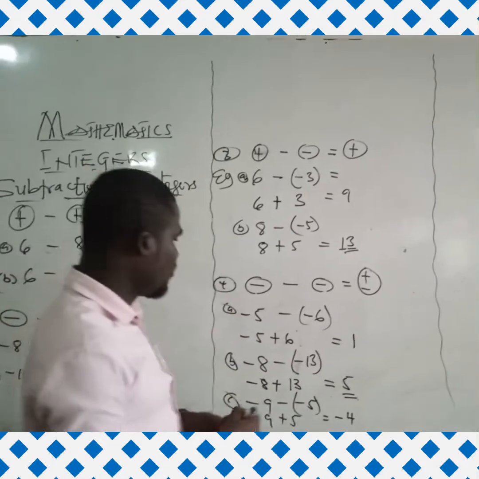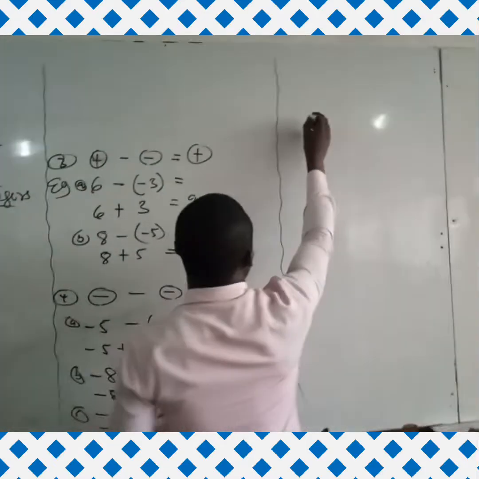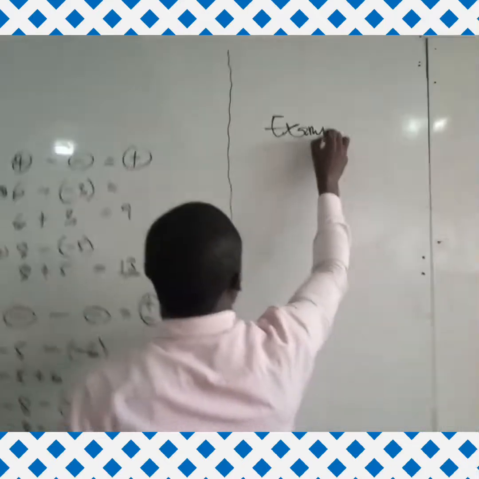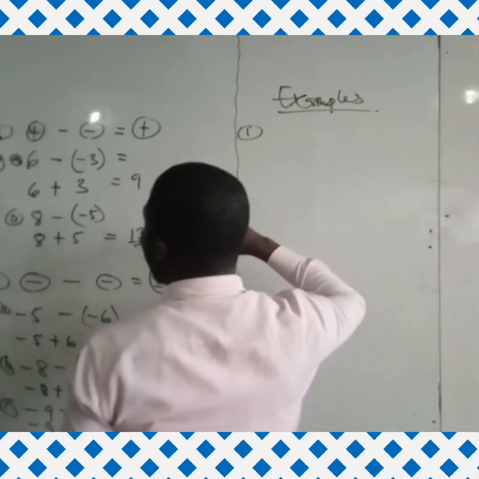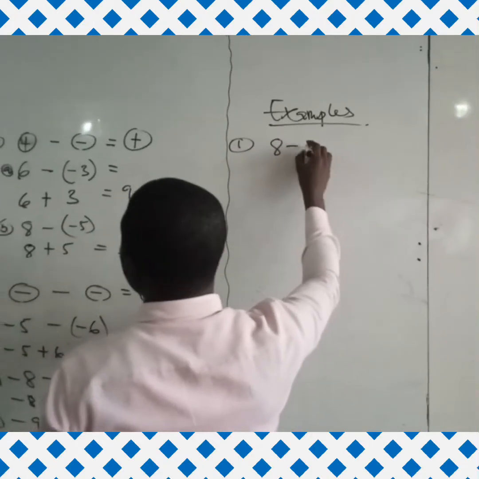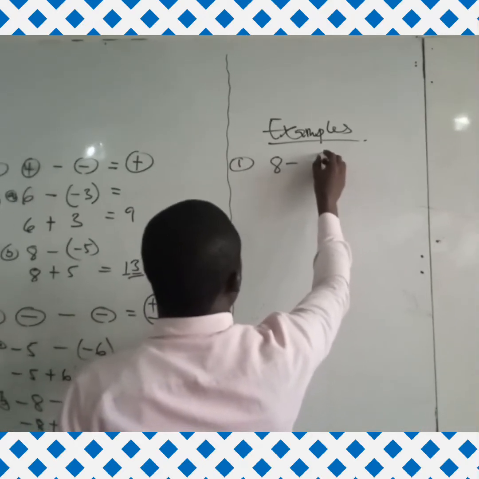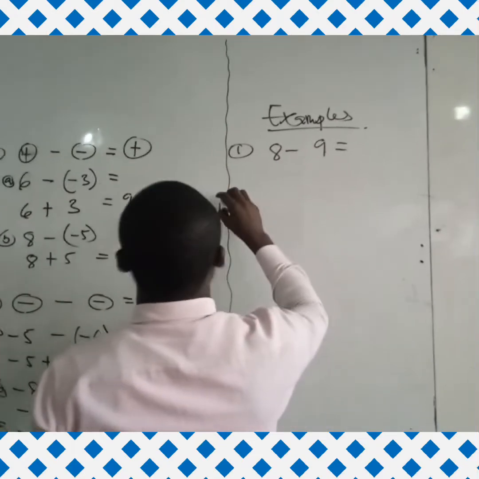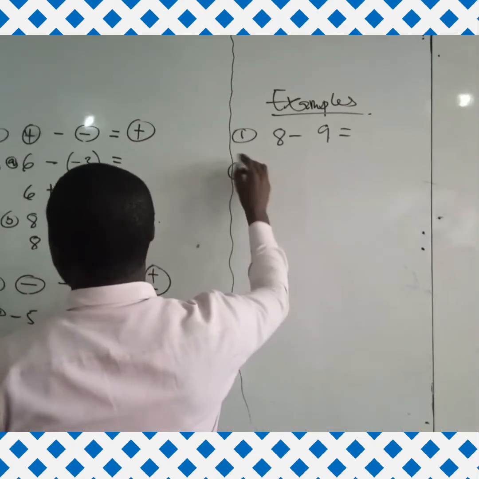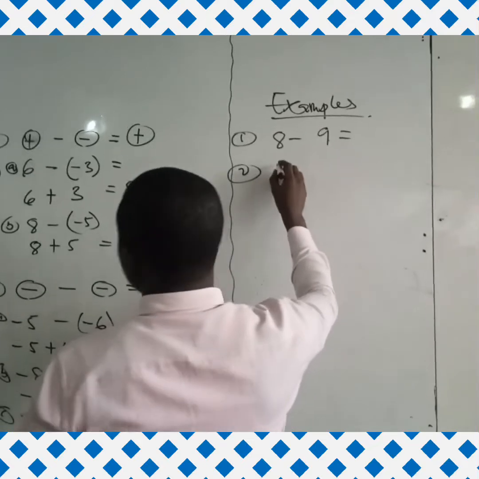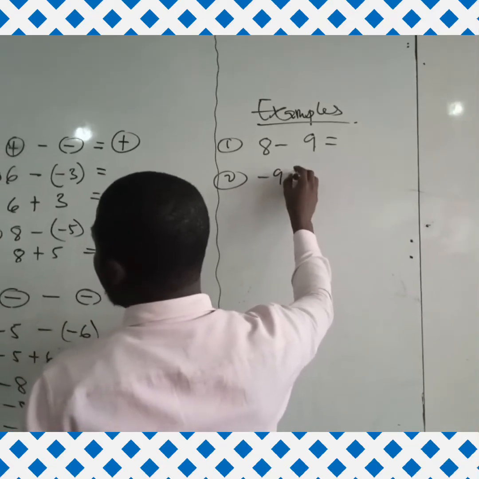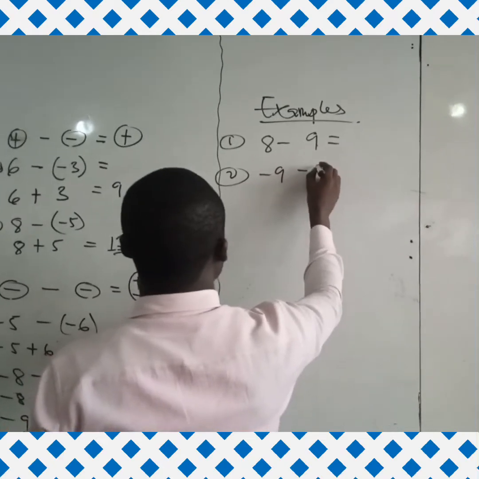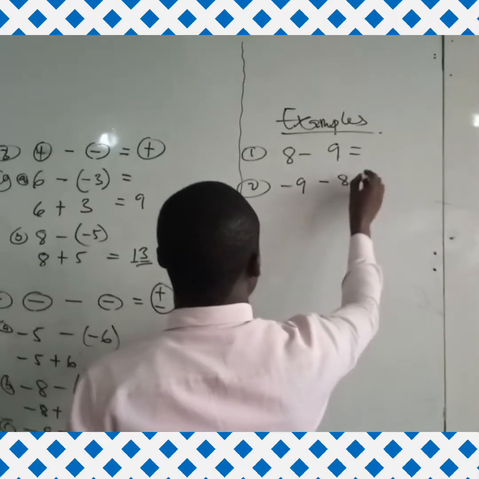Now let me give you some examples for you to try. Try your hands for me. Number 1, if I have 8 minus 9. Number 2, I have negative 9 minus 8.